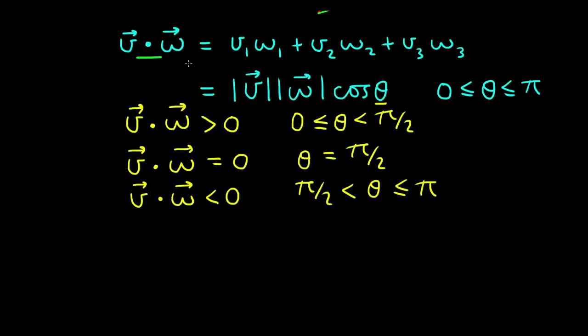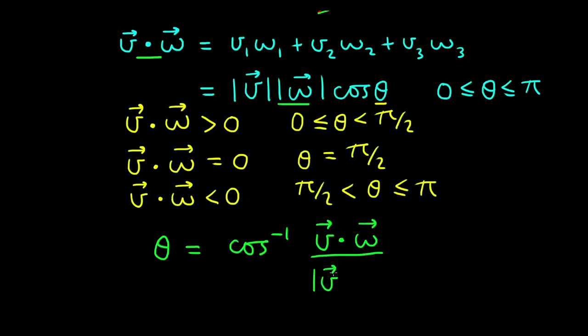And therefore, using this relationship, we divide through by the magnitudes and take the arc cosine, and we end up with theta is the arc cosine of the dot product between v and w divided by the product of their magnitudes. So this gives the angle between two non-zero vectors.